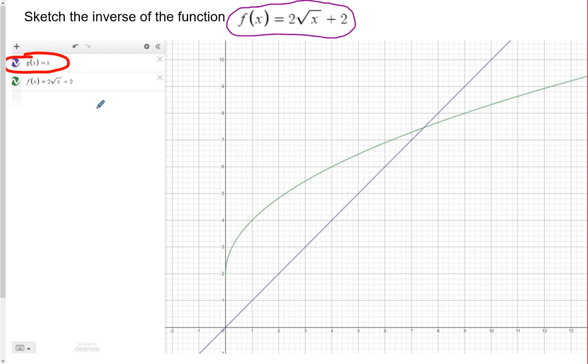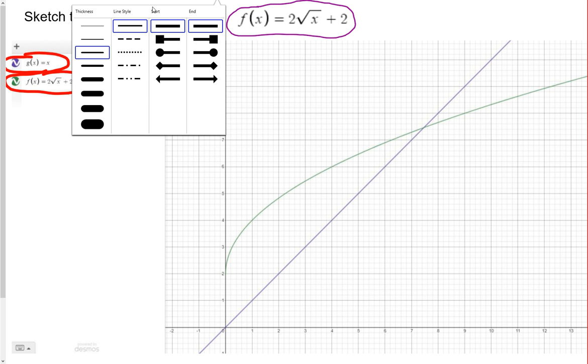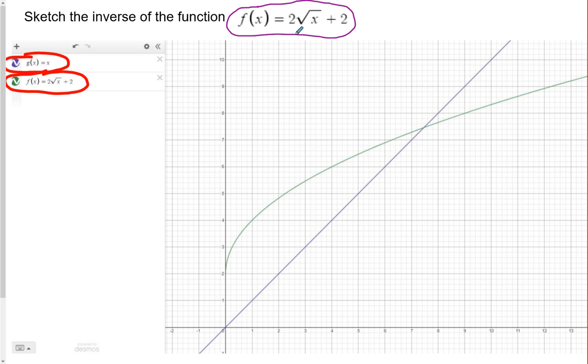That's my mirror. The next one I put in was 2 times square root of x plus 2. And so here's what I'm seeing from that. If I look at that, I say, okay, my parent function is just the square root function. But I made some changes to it.